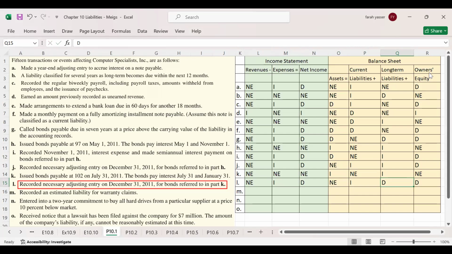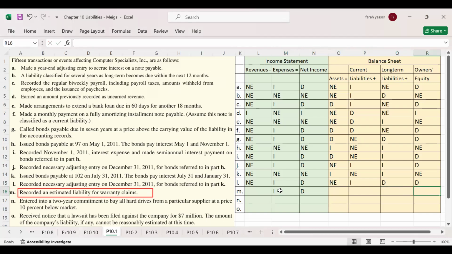The next transaction is recording an estimated liability for warranty claims. So warranty claims are basically or initially recorded as expenses. So expenses will be increased, and net income is ultimately decreased.